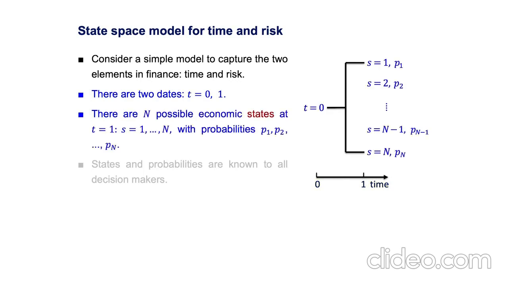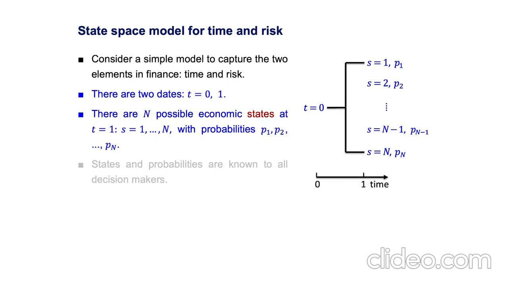We describe this uncertainty by assuming that there are n possible economic states at day 1, such as boom or recession. We denote the state by S, and it can be 1, 2, or n for state 1, 2, or n. The likelihood of these states are given by their probabilities, P1, P2, and Pn.